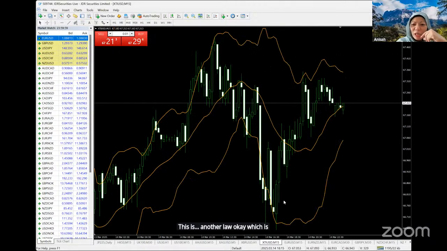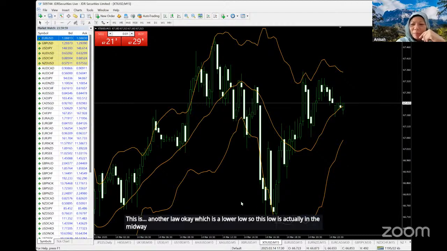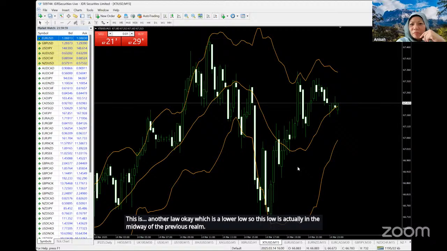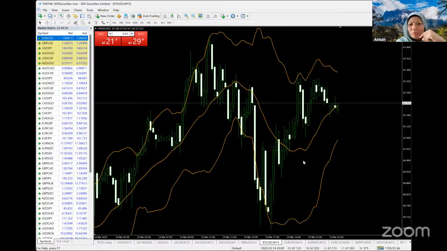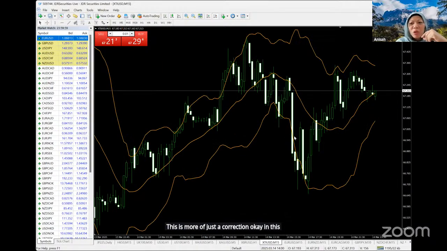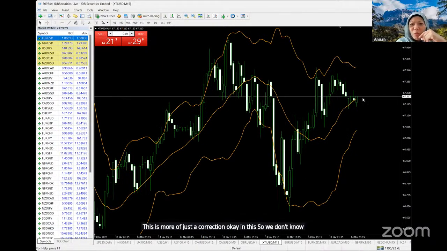So this low is actually in the midway of the previous trend. This is more of just a correction in this uptrend, so we don't know whether it's going to continue.